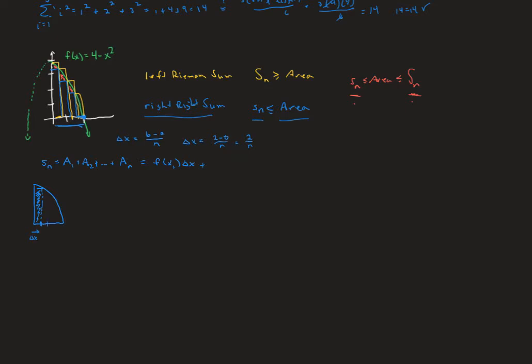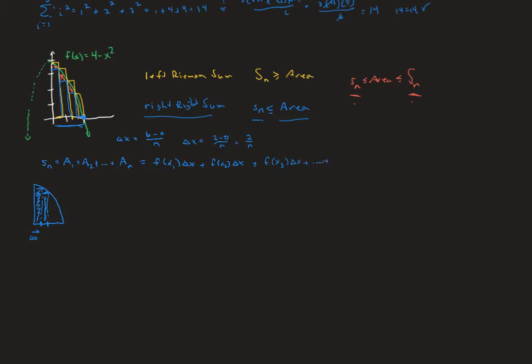Plus, then I'm going to go over another rectangle width, and I'm going to plug that into the function, use that as the height, and multiply that f of x sub 2 times delta x, and that'll give us the area of that second rectangle. And I'm going to keep doing that, so then f of x sub 3 times delta x.